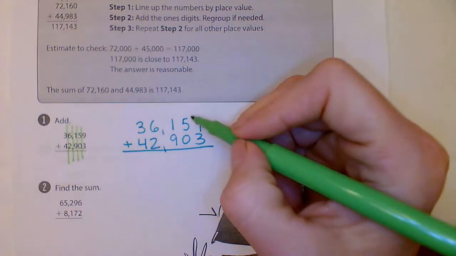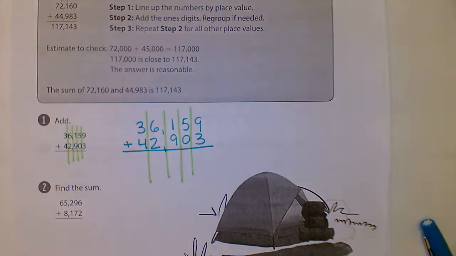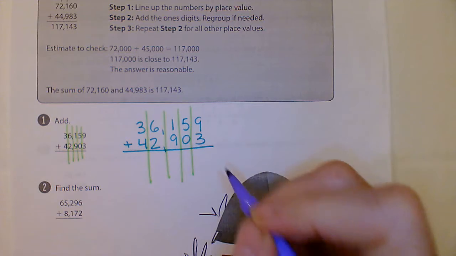So I'm going to draw in my lines that help us out. And I'm going to go ahead and start adding. Remember, when we are adding, when we are finding the sum, we always start over on the right side in the ones place. Now, let me say this. If you have a decimal and it continues, then you would always start on the place that's the farthest to the right. All right, 9 plus 3 is 12.